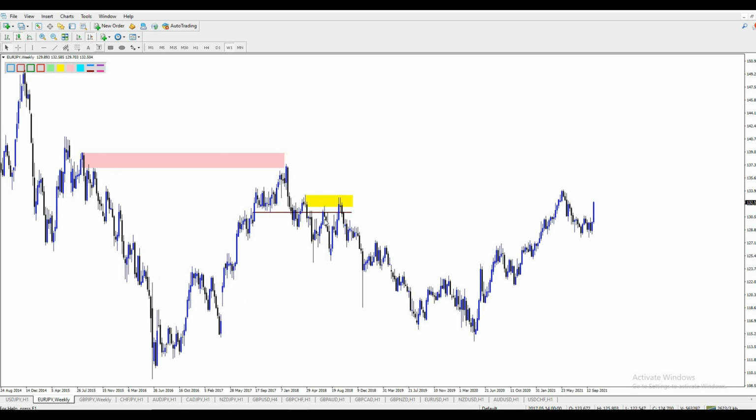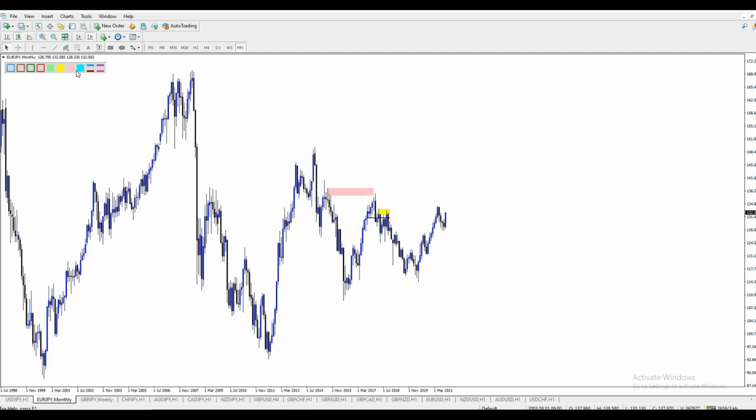Okay, so we don't want to talk about previous movements a lot, right? We want to focus more on what has been happening, right? What has been happening right now. So as we can see on Euro JPY, we can clearly see where price is coming from, right? In our monthly time frame. Our monthly time frame is a very powerful time frame for us to follow, because as we can see, we have price coming back to our demand area, right?